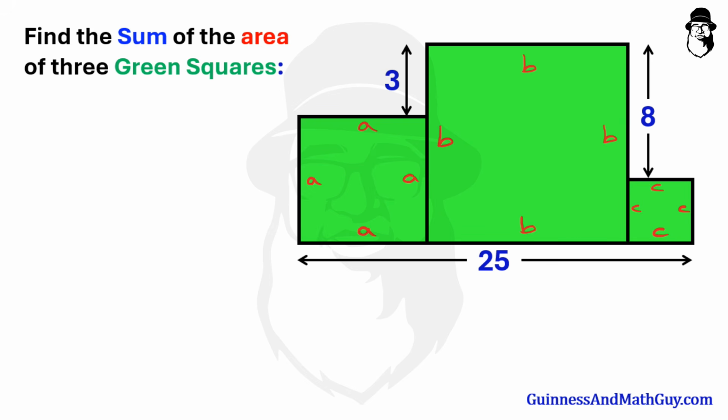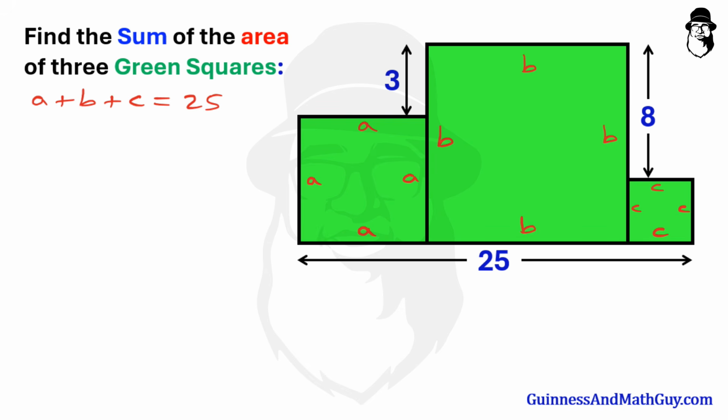Now we can see that from here to here it's the sum of all sides, A plus B plus C, and it's 25. So we have right away A plus B plus C is equal to 25.